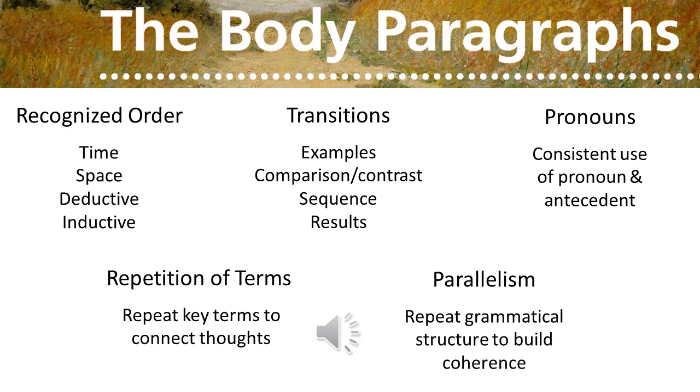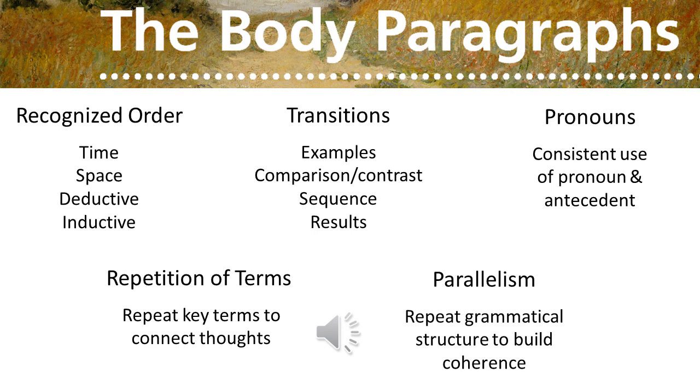Sequence, if you are listing, and we saw some examples with that, specifically with the paragraph on the Learning Center and what services it offered. The writer was just listing the services, so each time there was a new service, he or she added a transitional expression or a transitional word that indicated that there's another piece in a sequence of examples.